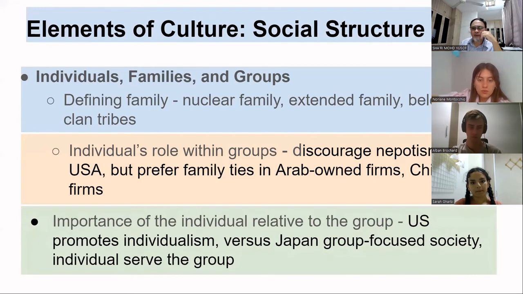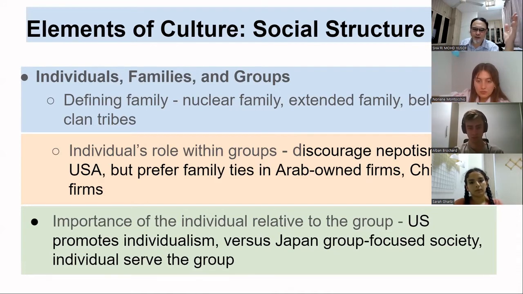In the US, many Western societies actually promote individualism, versus Japan, a group focused society, a collectivist society whereby individuals serve the group. So the salary of the CEO is huge in the US compared to Japan.